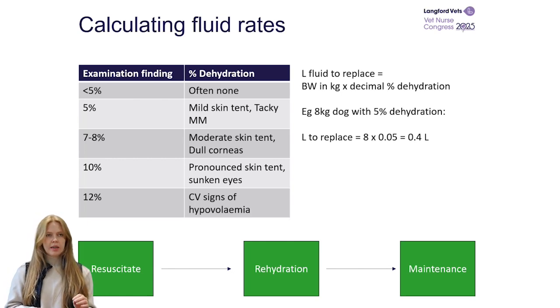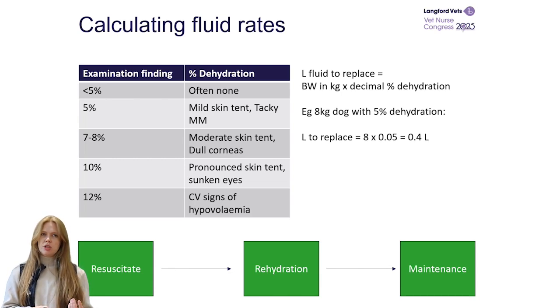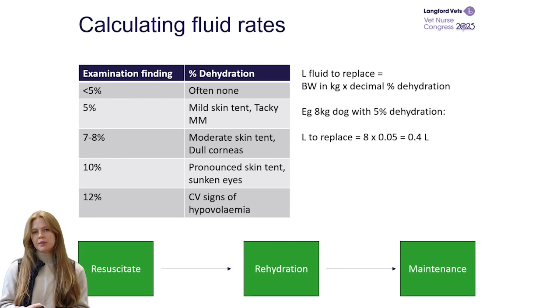And we have this chart here which depicts different clinical signs and what percentage dehydration we associate that with, and those percentages can help us calculate how many mils we need to give to the patient in order to rectify those states of dehydration.